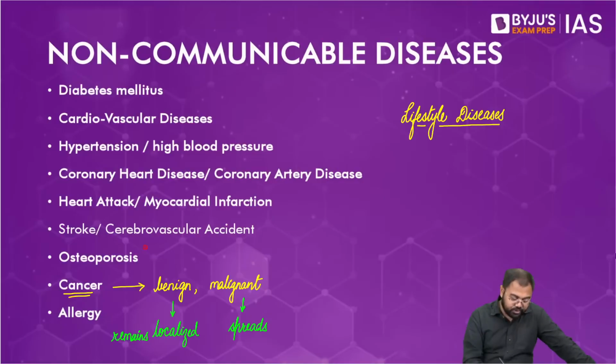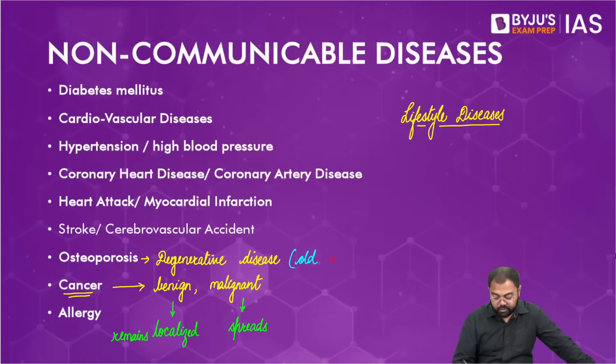Then there is osteoporosis, which is also called a degenerative disease. We say that it is a degenerative disease. So degenerative diseases basically are diseases which happen with age, right?